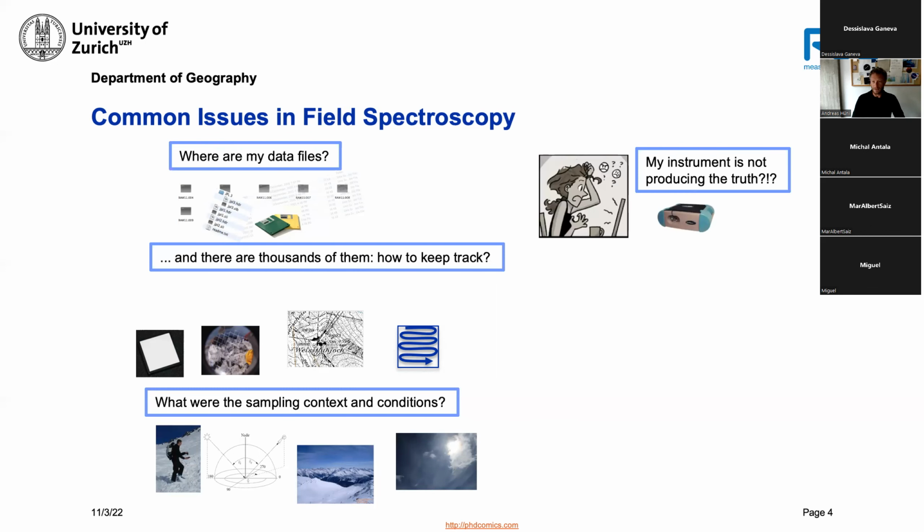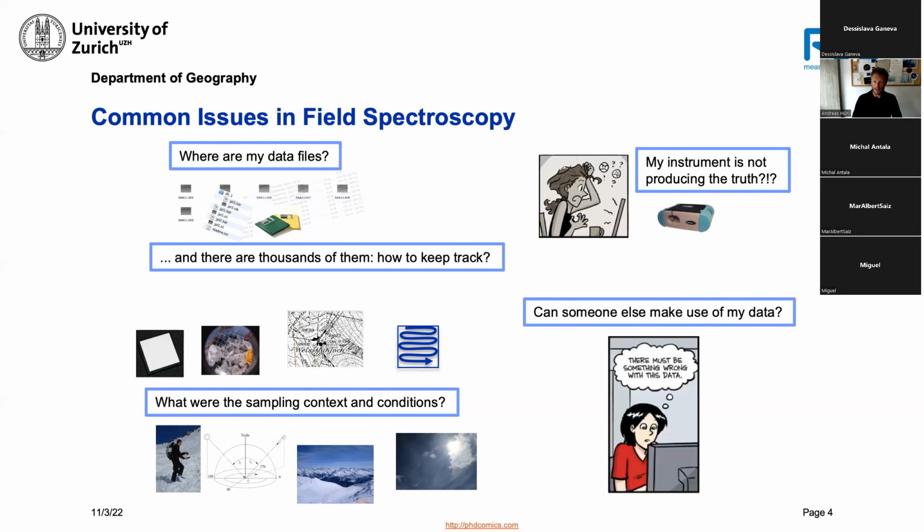You might also find that your instrument, despite costing about as much as a little car, is actually not producing the truth, so data quality is an issue. And finally, sharing data is really hard. We'll see what we need to do in order to amend this.